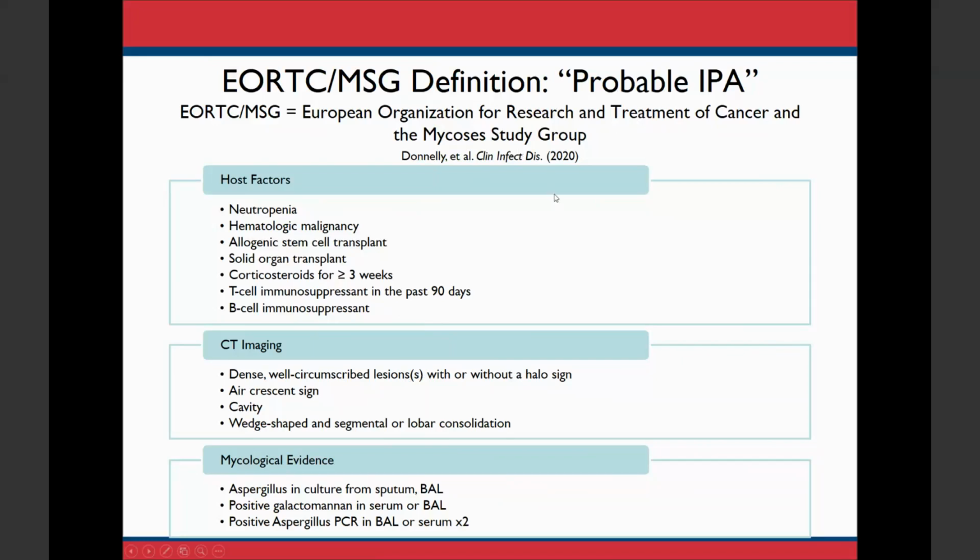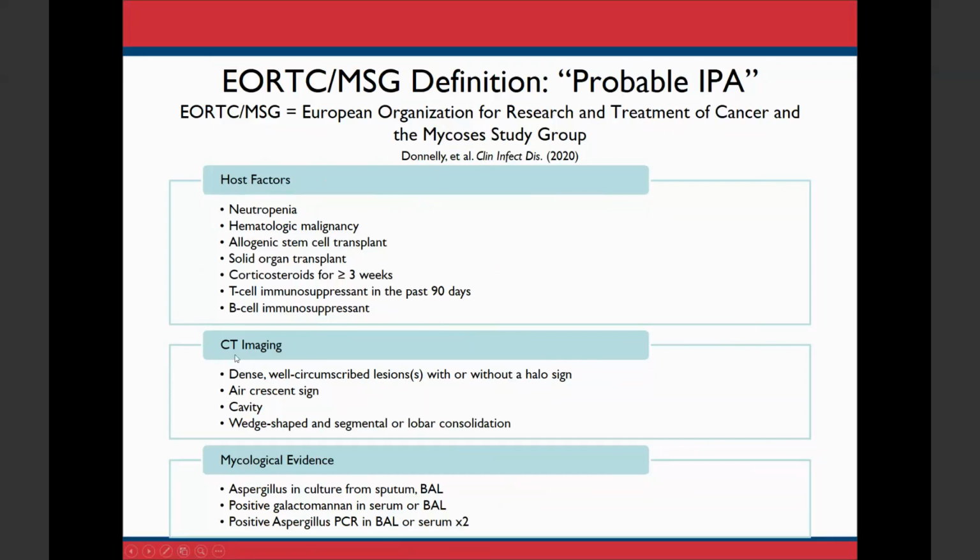And so there are three buckets that you can think about for diagnosis of probable invasive pulmonary aspergillosis. And again, this is in non-COVID patients. So first is host factors, which align really closely with the immunosuppression risk factors that we discussed earlier. And then CT imaging.